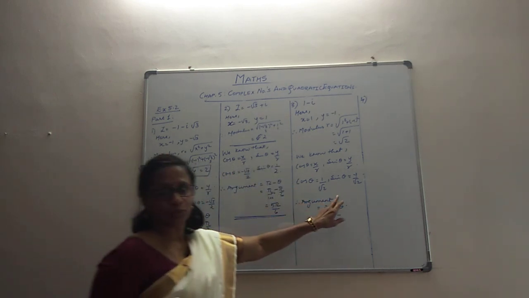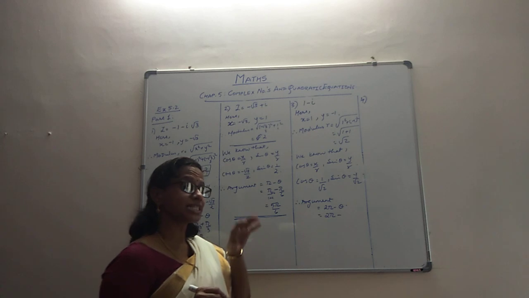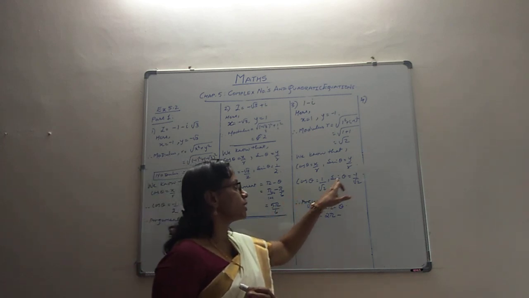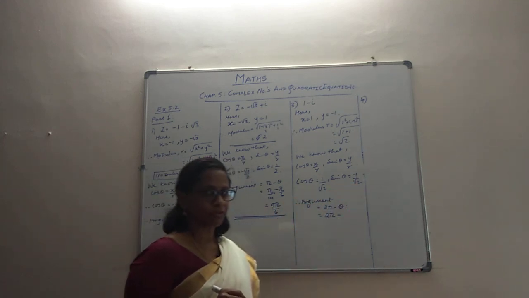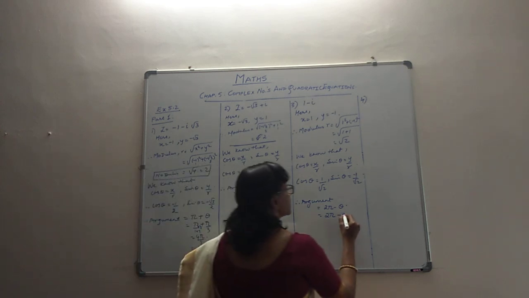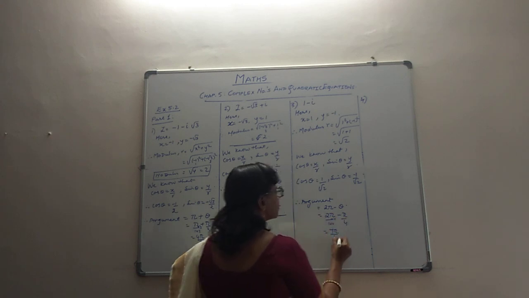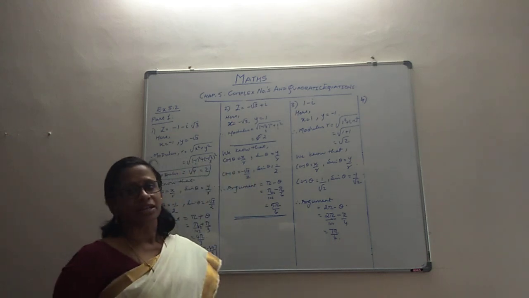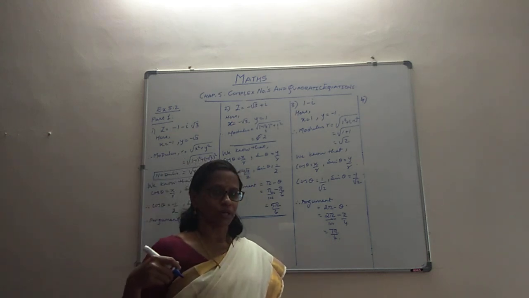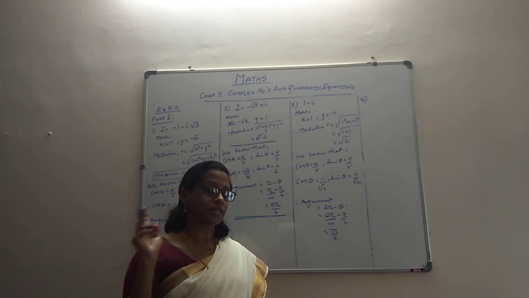Now we look at the magnitude, which is that angle where you get cos as 1 by root 2 and sin as 1 by root 2. It's pi by 4. So therefore it is 2 pi minus pi by 4. How much does it come to? It comes to 8 pi minus pi, 7 pi by 4. We can't take this argument because it is coming in the fourth quadrant. We have to have our values only between minus pi and pi.